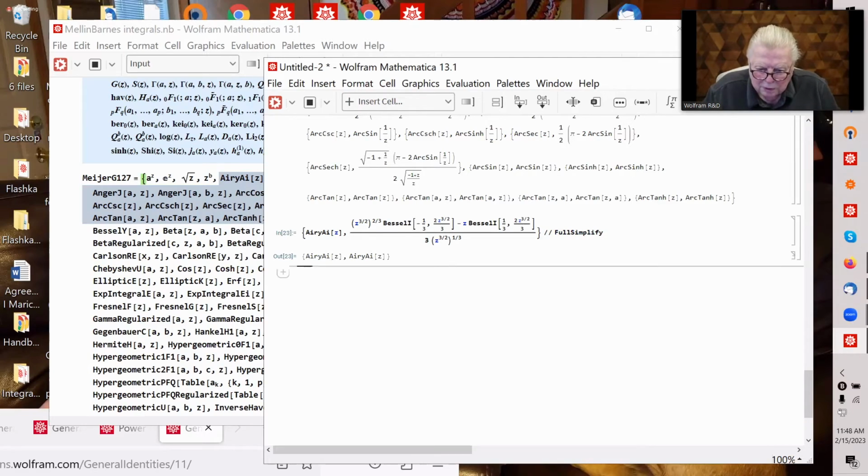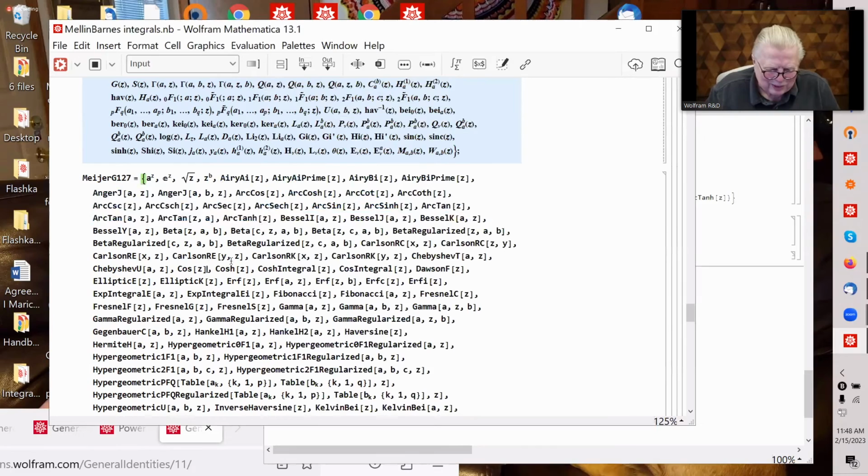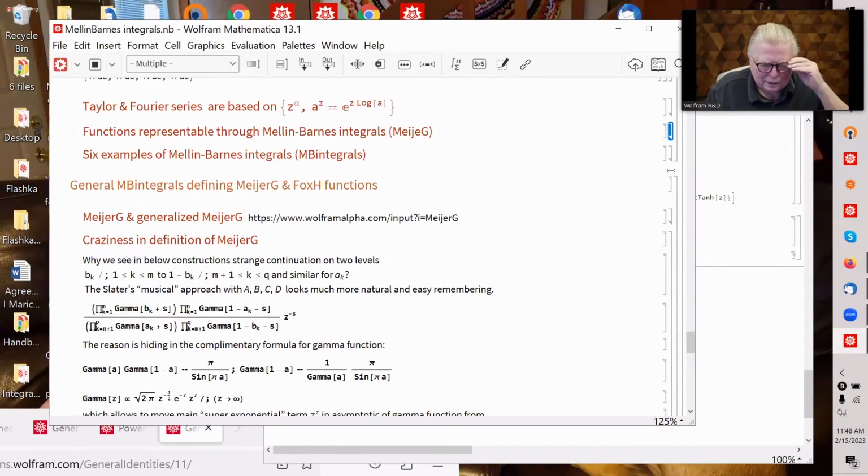Oh. No, I suggest you to play with this. It's a big job, of course. It's very important. And what we have, if we convert functions into Meijer G, we will have only one enemy to fight with. This is Meijer G.